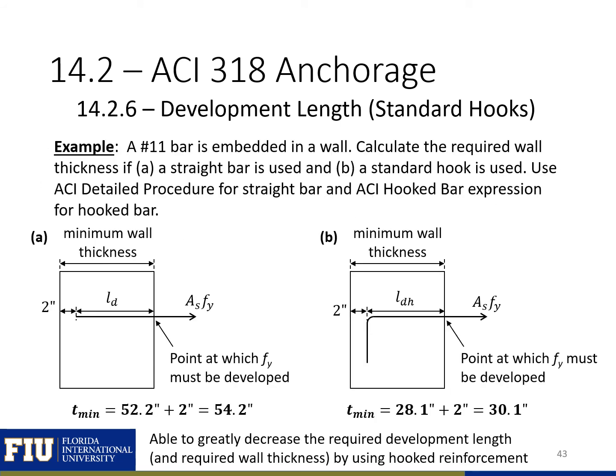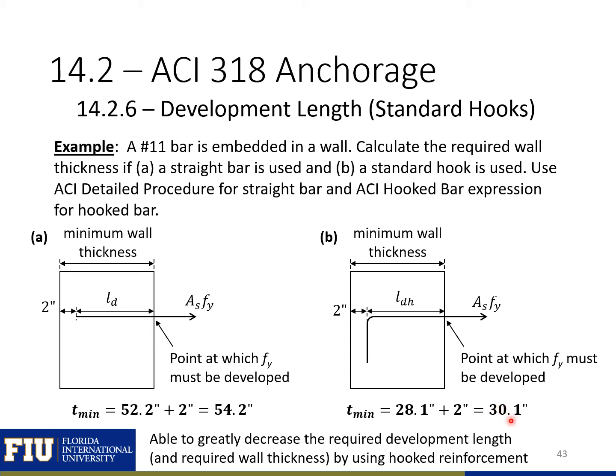So you can see here a summary of our results. With a straight bar, we would need a wall thickness of 54.2 inches. And with a hooked bar, we would need a thickness of 30.1 inches. So you can see there's already a big decrease in required wall thickness if we go to a hooked bar.